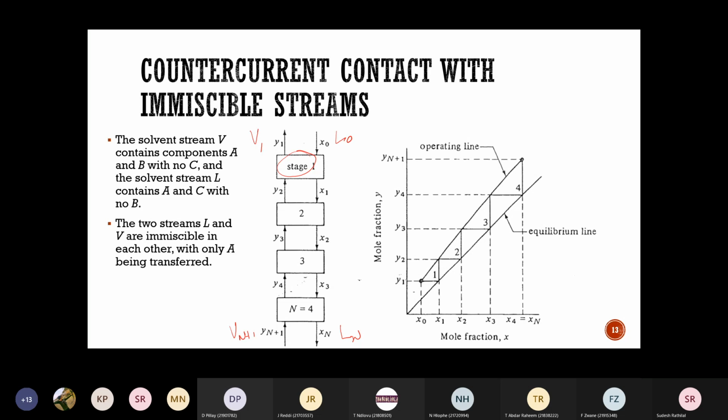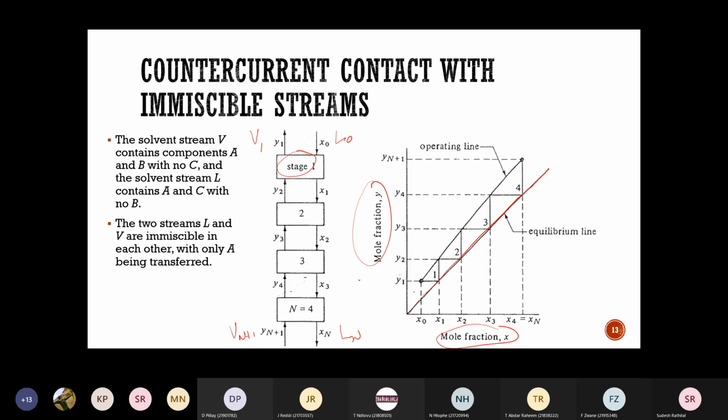Let's put this into a diagram. If I plot Y versus X, then we know from Henry's law, we can get the equilibrium line. There's the equilibrium line. That's from Henry's law. That relates Y and X. So it will relate equal subscripts, right?